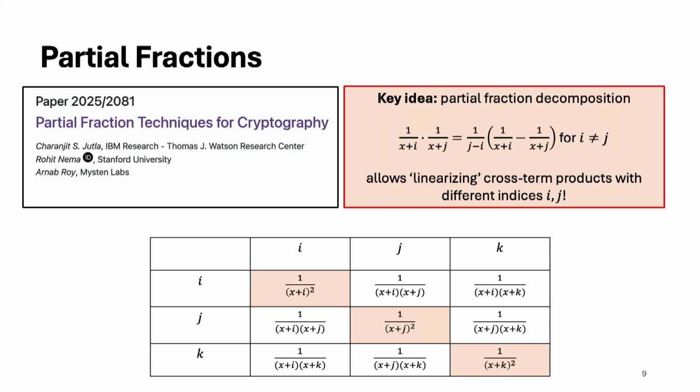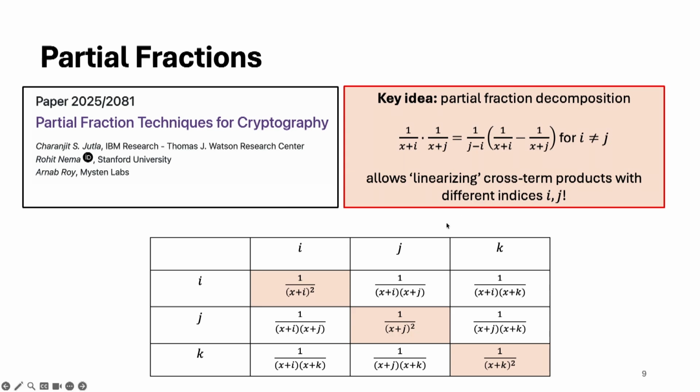In this matrix, at each entry at row i and column j, you have the product of two fractions, 1 over (x plus i) times 1 over (x plus j). In the off-diagonals, these i and j are different. From basic but powerful math, we know that 1 over (x plus i) times 1 over (x plus j) can be decomposed, or linearized, as 1 over (x plus i) minus 1 over (x plus j), times some constant terms.